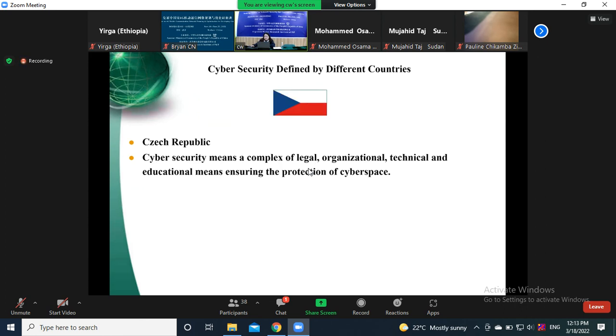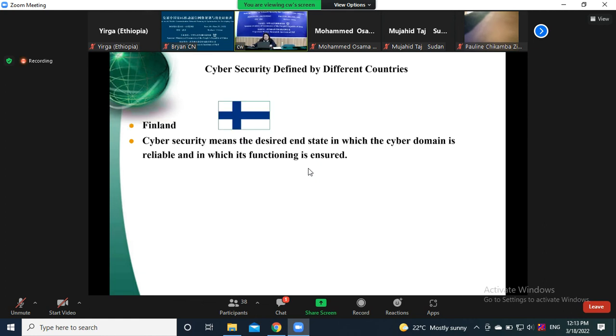And in the Czech Republic, cybersecurity means a complex of legal, organizational, technical, and educational means to ensure the protection of cyberspace. And in Finland, cybersecurity means the desired state in which the cyber domain is reliable and in which its functions are ensured.